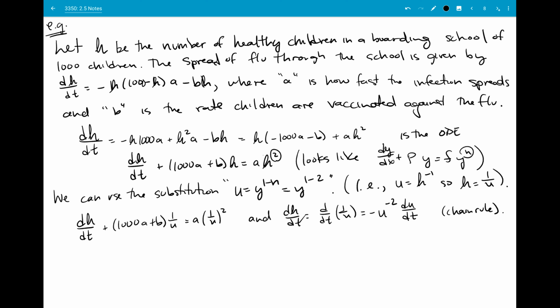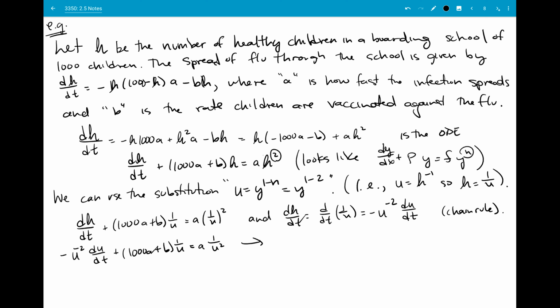If you hadn't caught that it's a chain rule, hopefully you would have said, okay, I started with dH/dt and didn't have a derivative left. I'm trying to replace my dH/dt with du/dt, so something went wrong. That could be a quick check to tell you that things aren't going quite right. So I've got minus u to the minus 2 du/dt plus (1000a plus b) times 1 over u is equal to a times 1 over u squared.